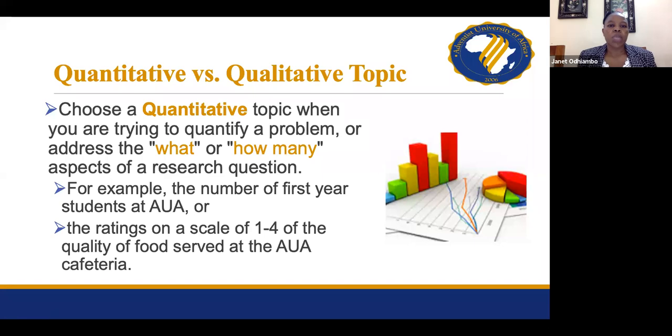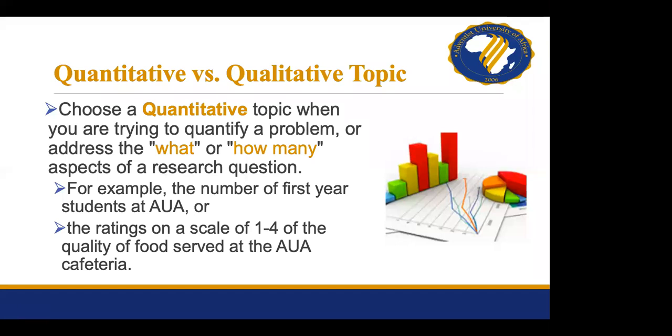So choose a quantitative topic when you are trying to quantify a problem or address the what or how many aspects of a research question. For example, if I want to know the number of first-year students at AUA, then I will go to the quantitative side.